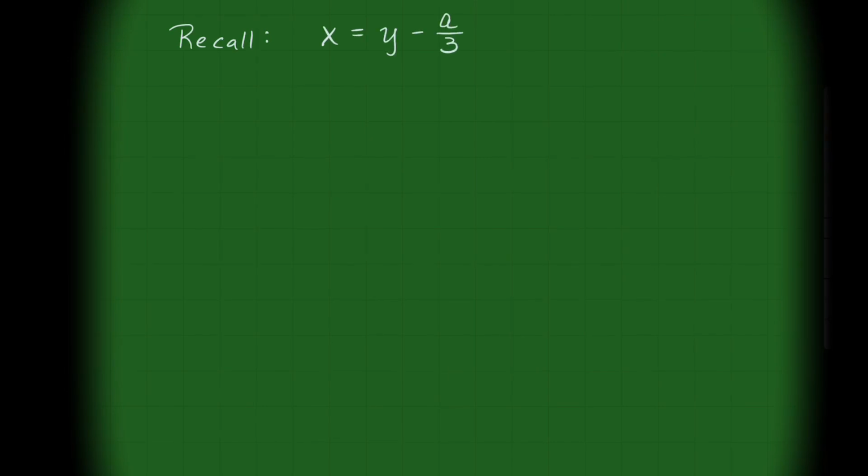So x, reminding you that x is equal to y minus a over 3. Our y was equal to u1 plus v1. Then that would make x1, our solution that we're looking for, equal to u1 plus v1 minus a over 3.